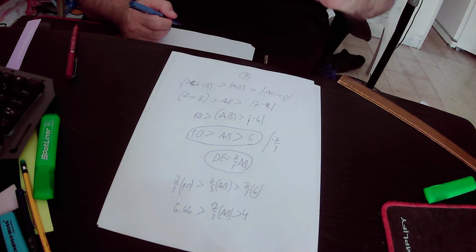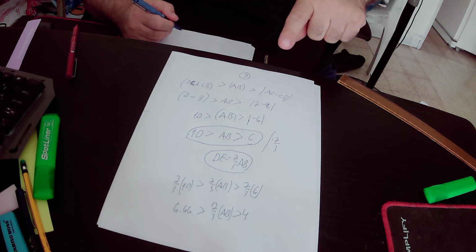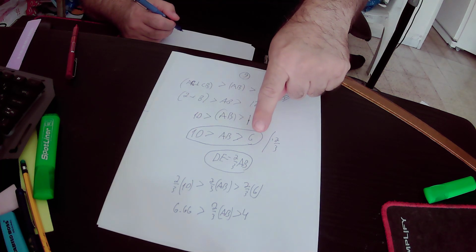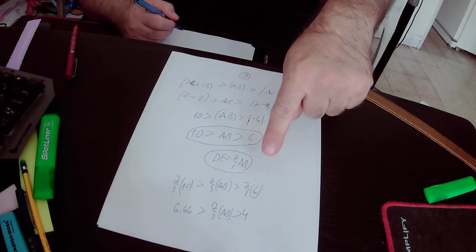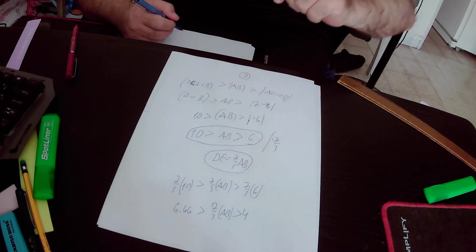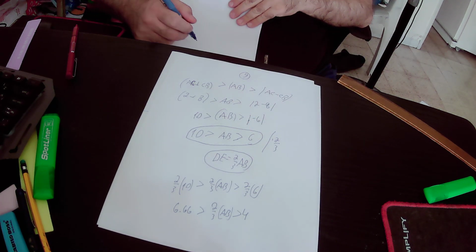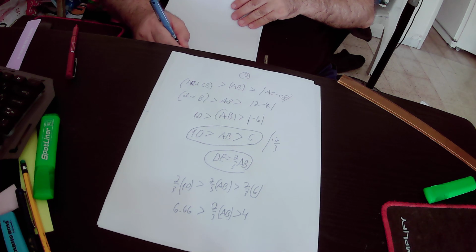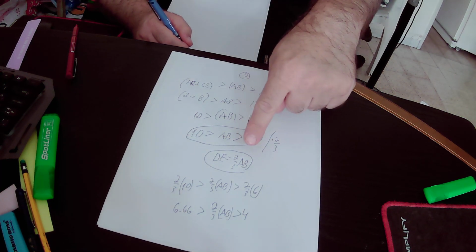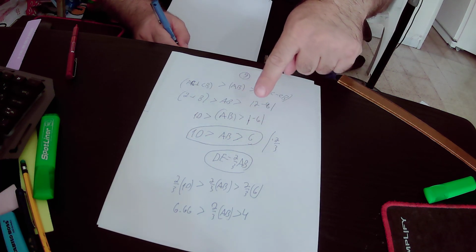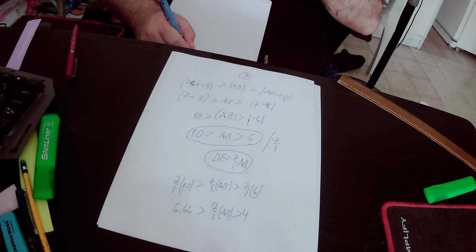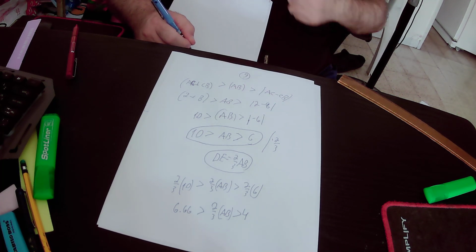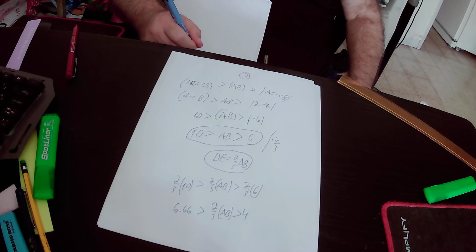Okay, so we actually found out that 2/3 AB is greater than 4 and it is smaller than 6.66. But we know that DE equals 2/3 AB, so we can substitute 2/3 AB by DE. Okay, so we'll do it now. We will get that DE is greater than 4 and it is smaller than 6.66.